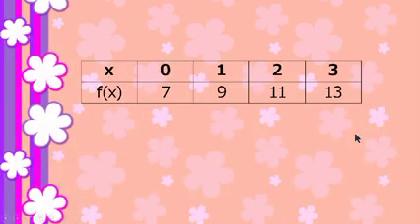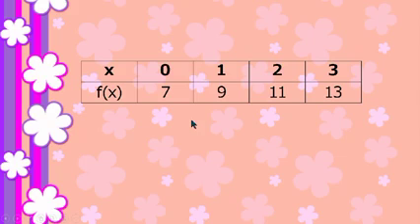Now, let us determine if the given is a linear function. Sabi natin kanina, the given is a linear function if yung differences ng domain niya, yung first difference ay equal. And also, yung first difference din ng values ng f of x ay equal.